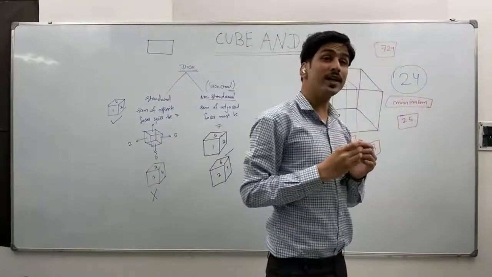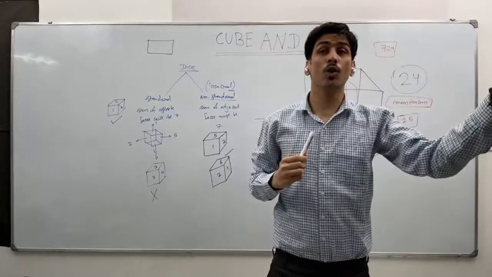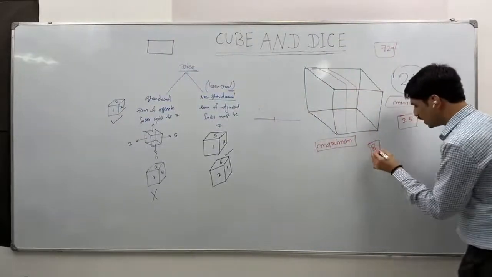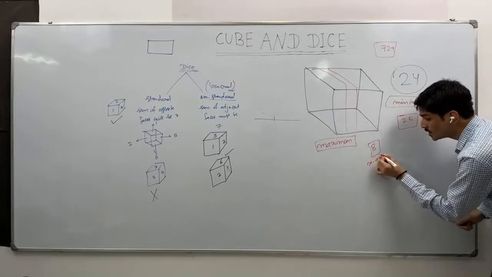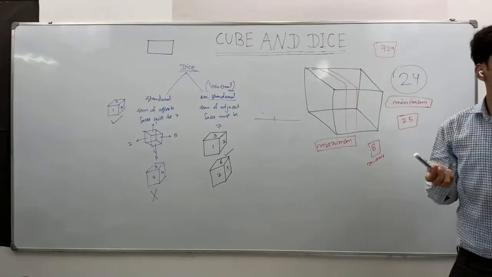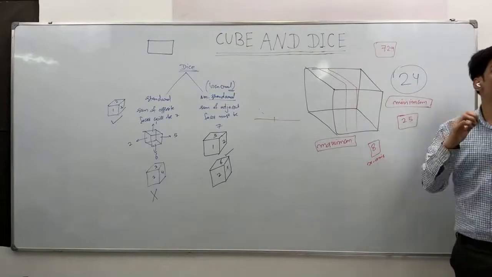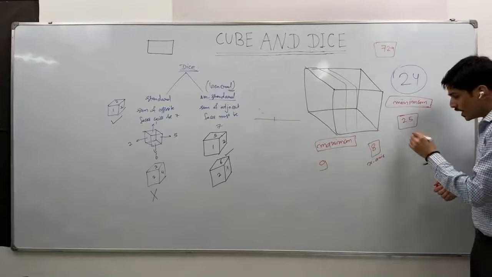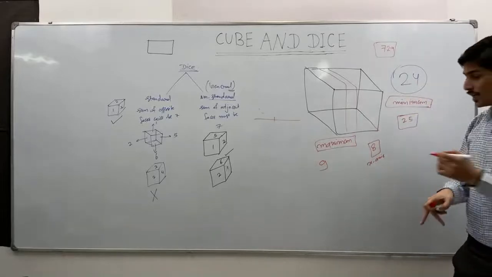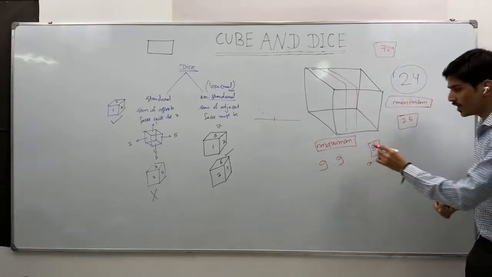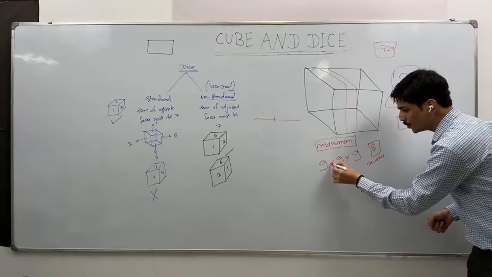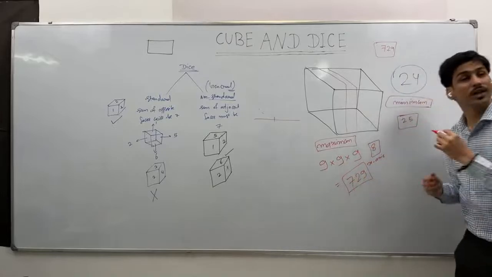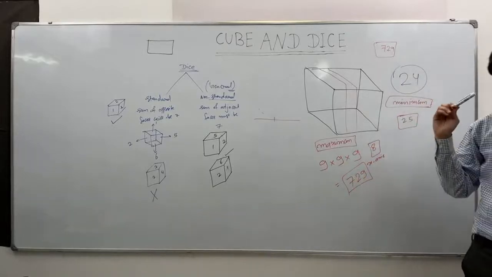So 8 cuts along x-axis, 8 cuts along y-axis, and 8 cuts along z-axis. Now if I am making 8 cuts along x-axis, how many pieces will I get? 9, because if I am making 8 cuts, then number of pieces will be 1 more than the cuts. Along y-axis also, 9, and here also 9. Then I'll simply multiply. Then what will the answer? 729. Clear? This is the first question.